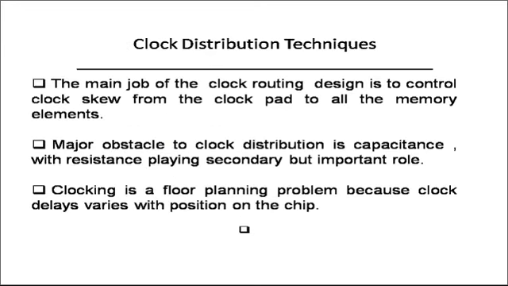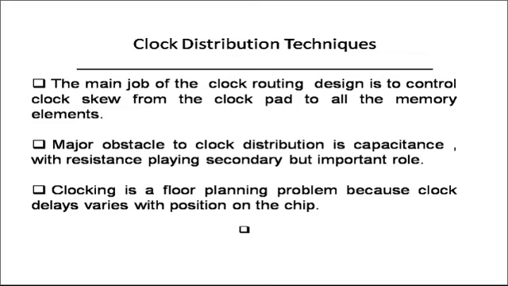Now, quite obvious, we understood that clock skew is a problem. Then to avoid that clock skew, we have to go for a clock distribution technique. Distribution technique means whenever we are going to route a clock, we will try to reduce the skew as low as possible.